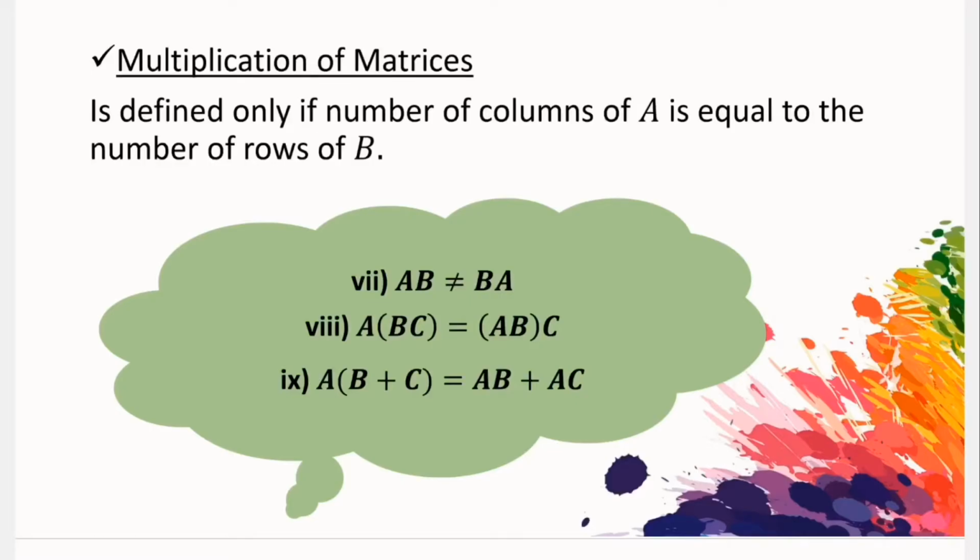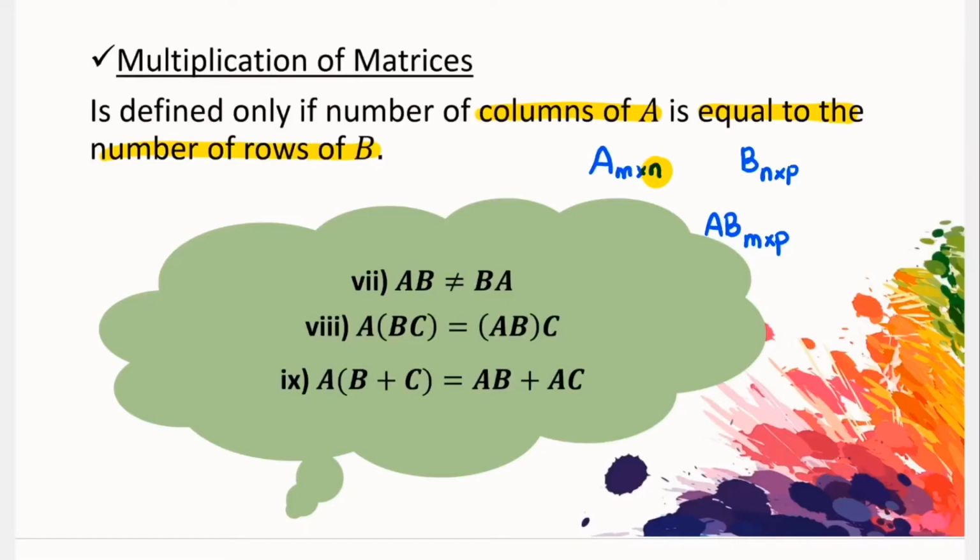Multiplication of matrices is defined only if the number of columns of matrix A is equal to the number of rows of matrix B. So if matrix A is an M by N matrix and matrix B is an N by P matrix, then the product, which we denote as AB, is an M by P matrix.